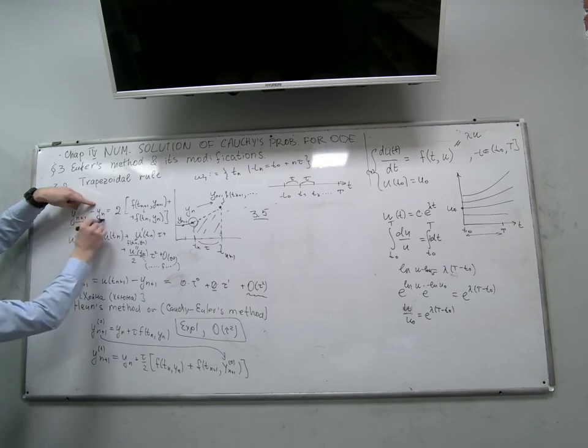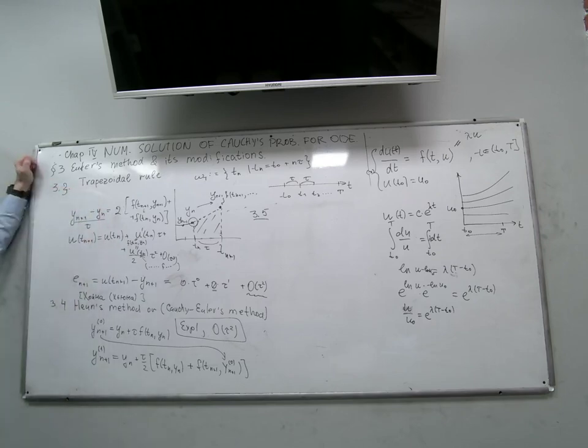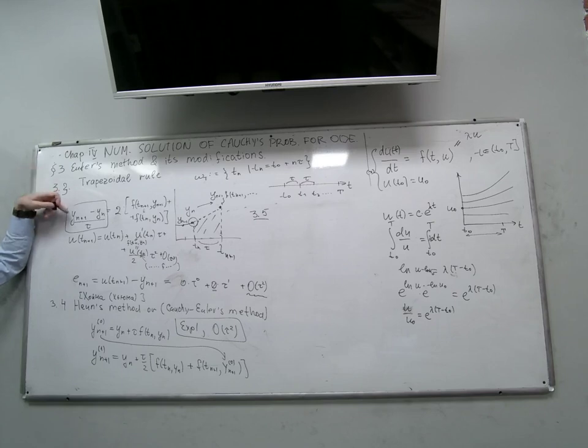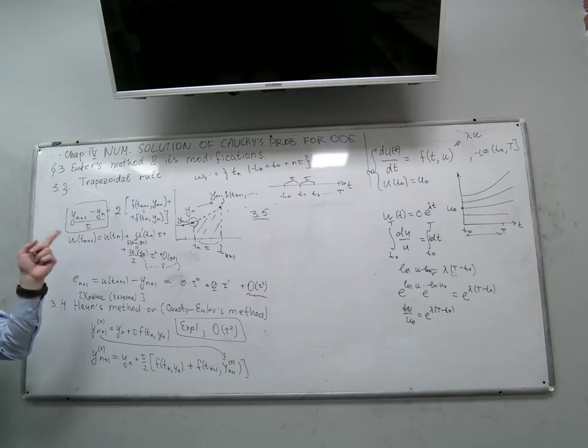If I divide the approximate equation by tau, on the left-hand side I get two values of the unknown function in subsequent points divided by the distance between these points. Physically speaking, it is an average velocity during this time from Tn to Tn plus 1.